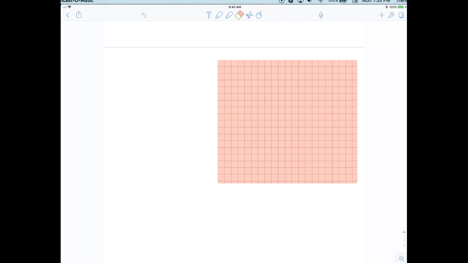Now, we started with the basic line, for example, y equals x. We just plotted points, and then we outlined the graph. It's the same thing here. In this case, I want to show you y equals x squared, and we're going to graph that.